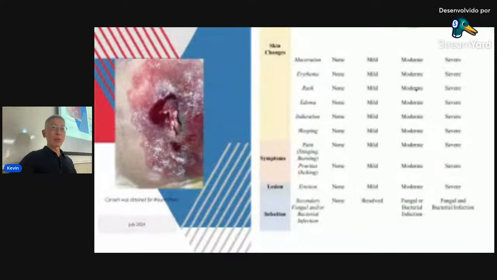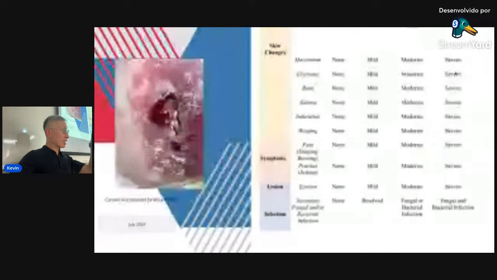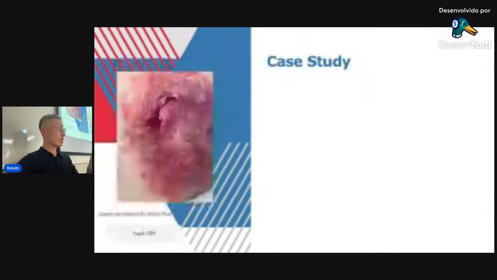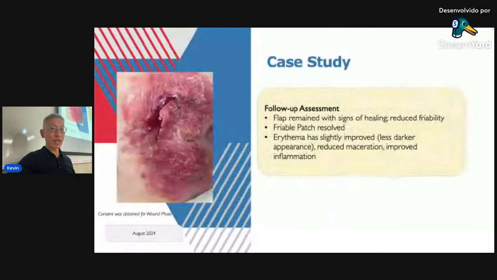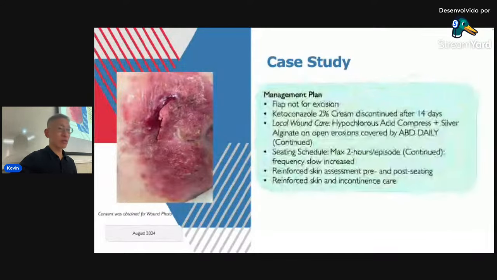There may be a little bit of rash, maybe moderate, and there's quite a bit of edema, induration, and some weeping going on, and it's quite painful for the patient and also quite itchy. So now you can see that if you summarize the score, it's very severe. You can come up with a high score, versus now with treatment, you can see that there's some improvement already, but it's still in the same category for IAD.